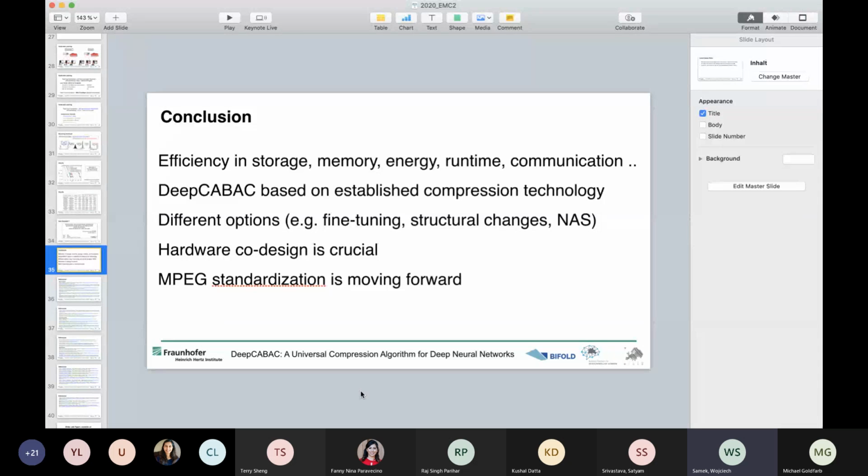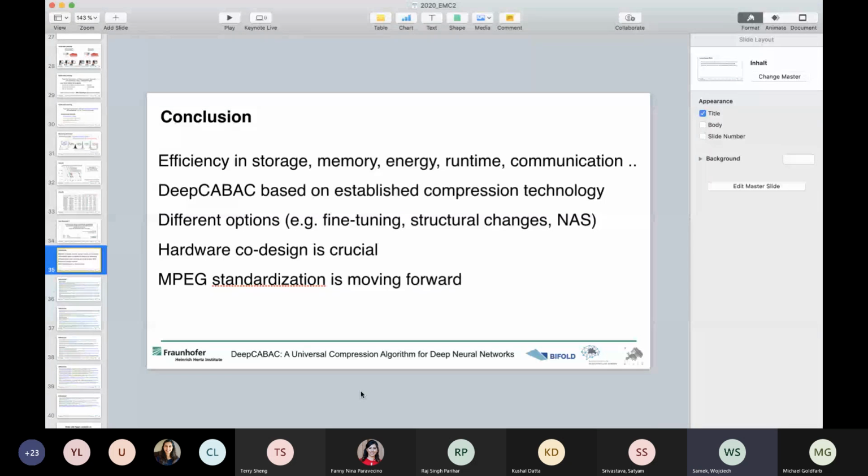You can measure it with respect to storage of your model, memory usage, energy, runtime, or communication overhead. DeepCABAC is a way to reduce the storage and very efficiently compress your model, and it's based on video coding technology, which is state of the art and has been developed for many years.